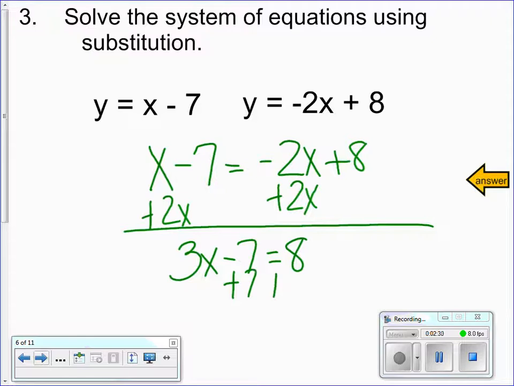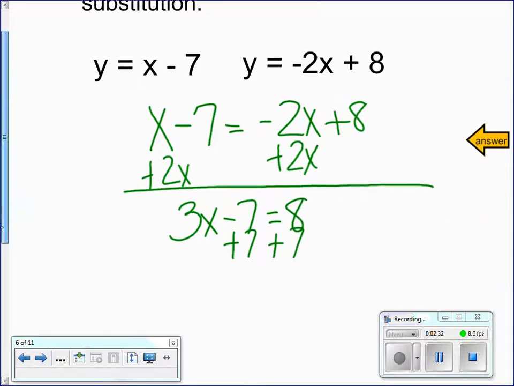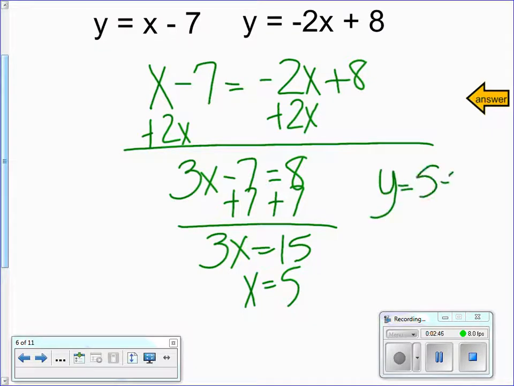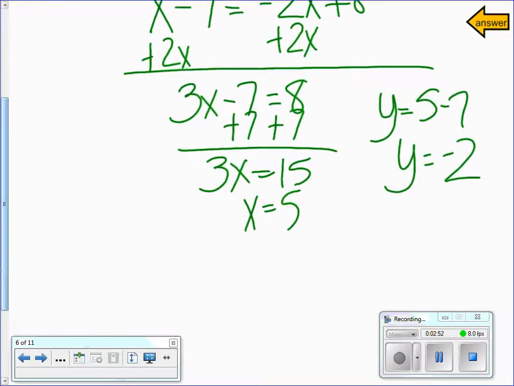Add 7 to both sides. 3x equals 15, so x is equal to 5. Plug it back into either of the equations. So y equals 5 minus 7, so y equals negative 2. So my solution, my ordered pair, is (5, -2).